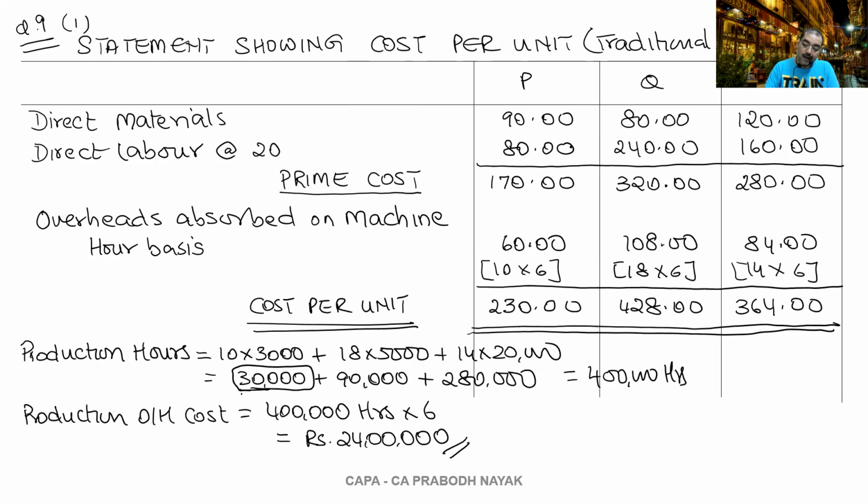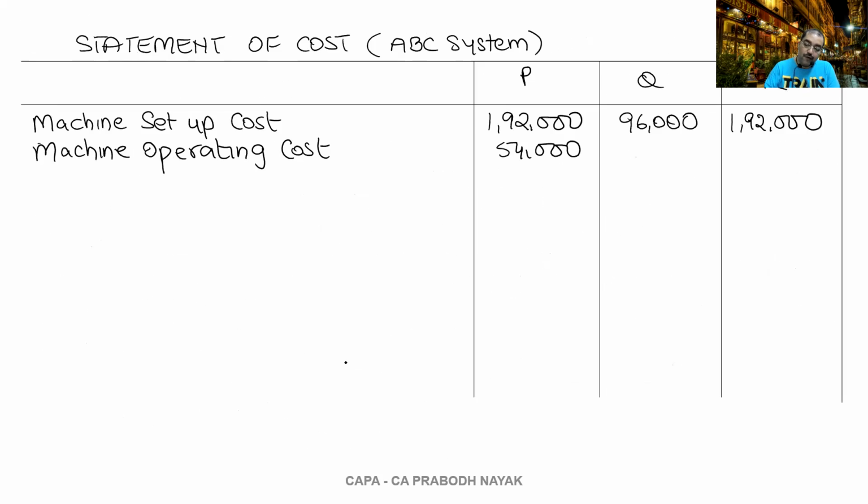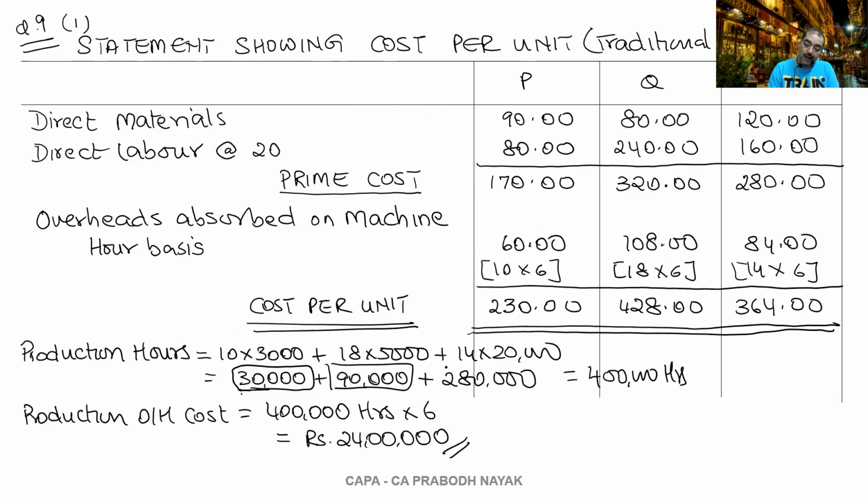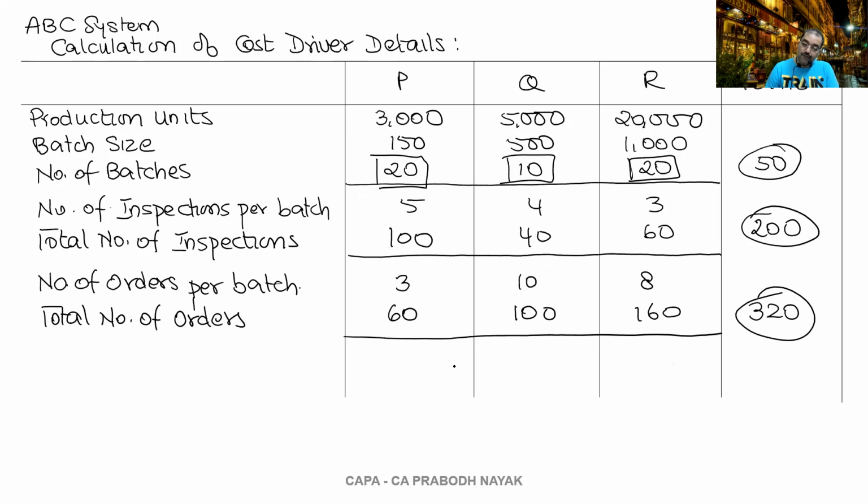Then 1.8 into 90,000, 1,62,000. Just check the calculations. And 1.8 into 2,80,000, 5,04,000.